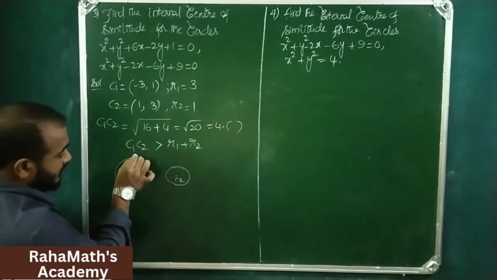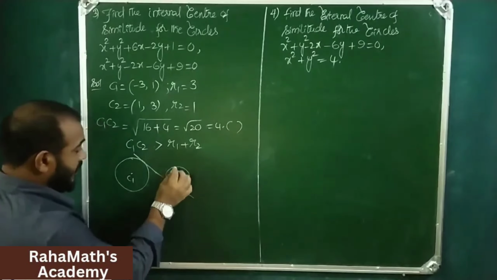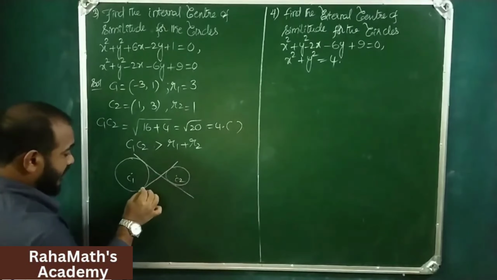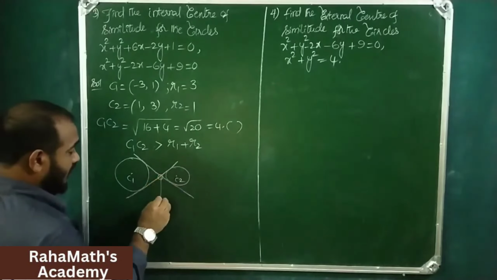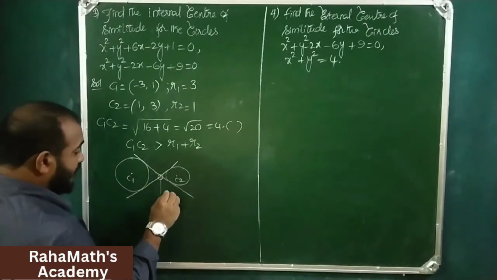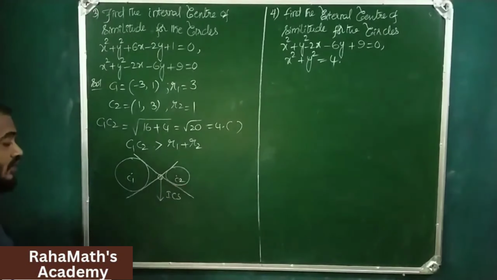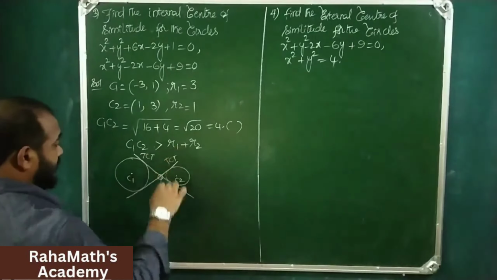That means this is one transverse common tangent and this is another transverse common tangent. And this point of contact is what we are looking for. This point of contact, what is this? Internal center of similitude. These are the transverse common tangents.